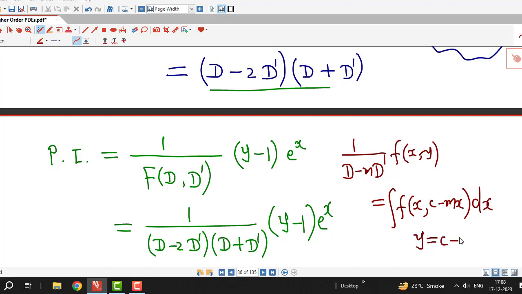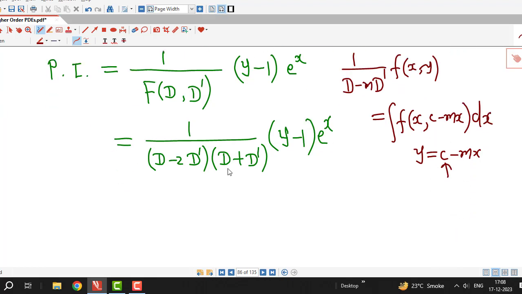So we replace y by c minus mx, and after integration we replace c by y plus mx. So first we operate this factor D plus D dash. We keep D minus 2 D dash as it is, and if you compare with this, you will see that m is minus 1 here.